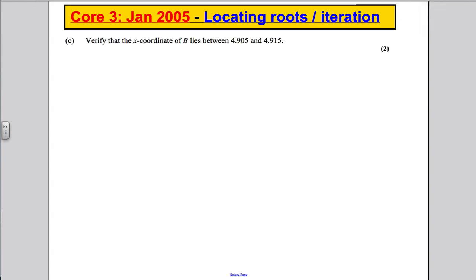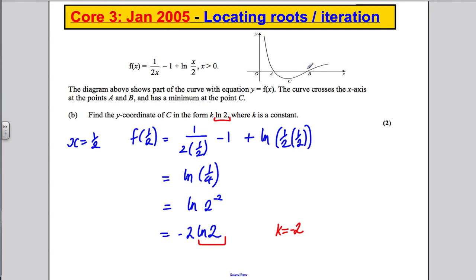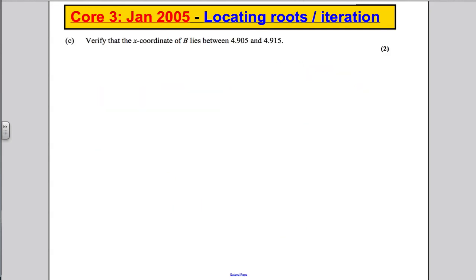Next part, verify the x-coordinate of b lies between there and there. Looking back at the graph, b is a root, so what we want to do is show that there is a root between these 2 points.